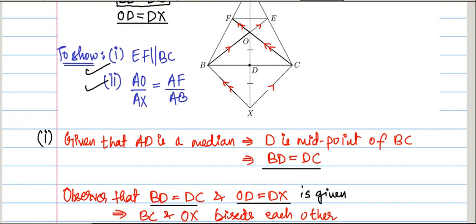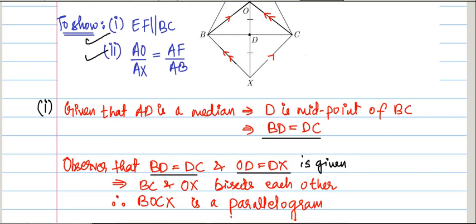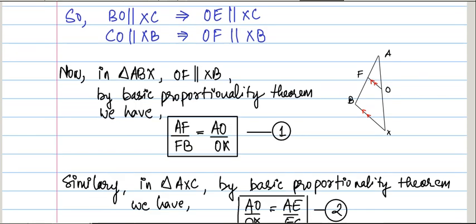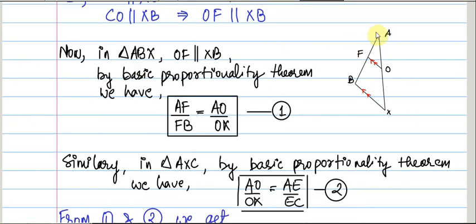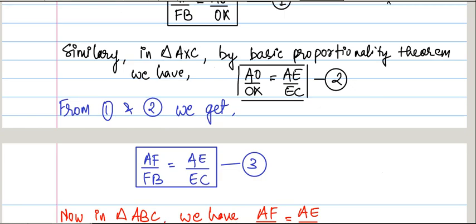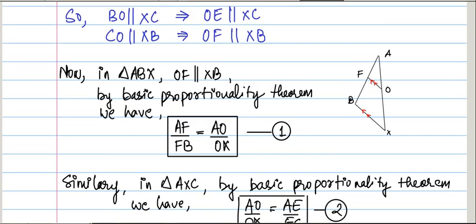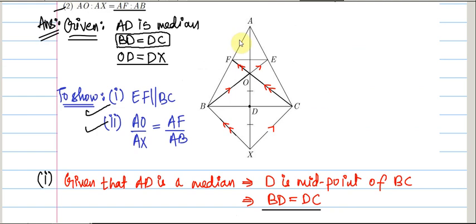OF, this much segment, is parallel to this. Okay, now in which triangle do we have to go? In triangle ABX. In triangle ABX, this is the miniature of that triangle over here, and we have OF parallel to XB. So by using the basic proportionality theorem, we have AF upon FB equals AO upon OX. Similarly, in triangle AXC, where is triangle AXC? This side.